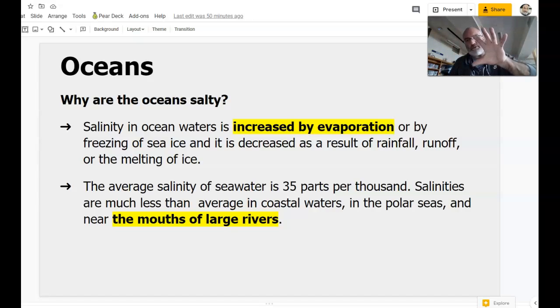And so when that fresh water enters the ocean at the mouth of a river, you end up with more fresh water, less salt water. We tend to call that brackish, and it's a lower salt content than you would find out in the middle of the ocean. Okay, so just understand that salt isn't universal from one side of the ocean to the other. Natural effects can change the amount of saltiness of the ocean water that you're dealing with.